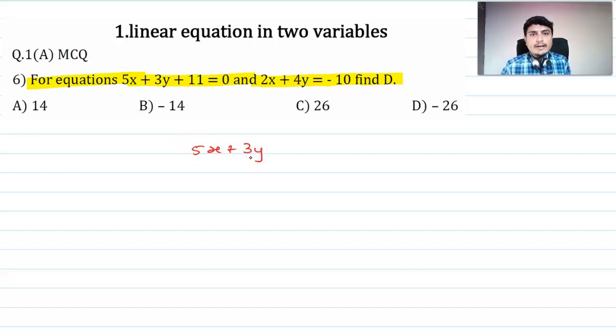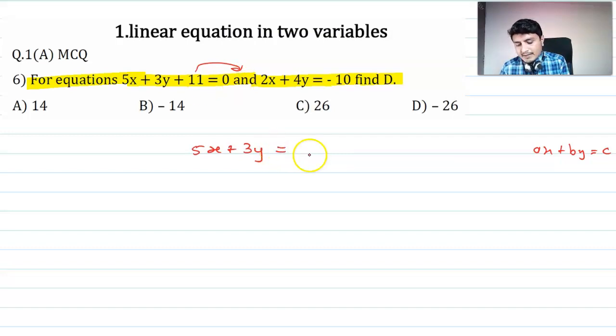Try to convert it into the general form of linear equation in two variables, that is ax plus by equals to c. That means we require the constant towards RHS and variables towards LHS. So our target is to shift 11 from LHS to RHS. So positive 11 becomes 0 minus 11, that is minus 11. That is our equation number 1. And the second equation is of the form 2x plus 4y equals to minus 10. Call it equation number 2.